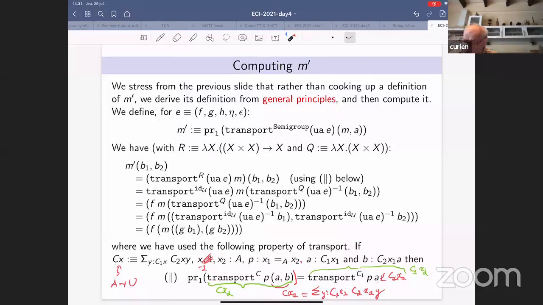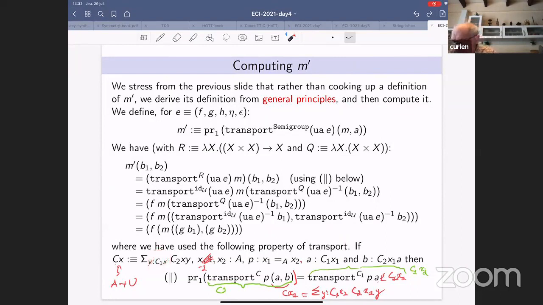Good. So let's assume this property here, which I call double bar. So by the double bar property, because M prime is defined as the first projection of some transport, I can remove the first projection and transport just along R, which plays the same role as the C1 here.